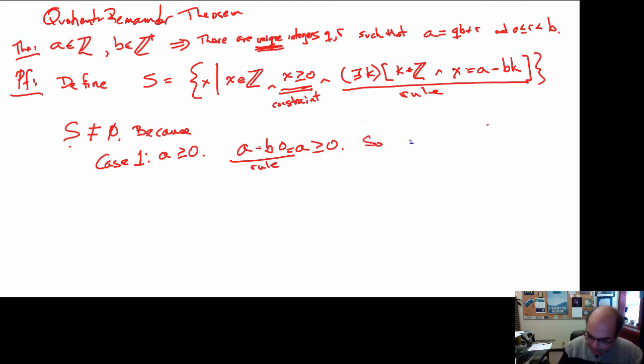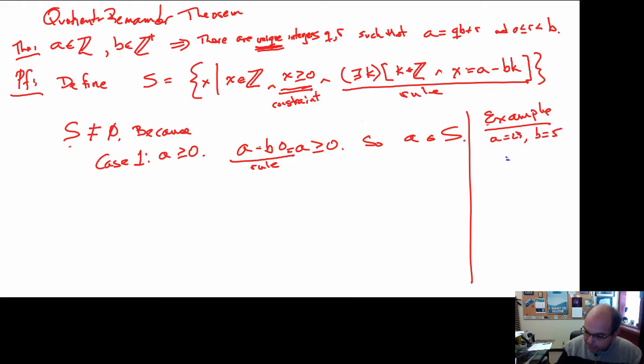So a belongs to the set S, and S is not empty. That's case one. Here's our running example: when a is 23 and b is 5, we're at case one, and 23 belongs to the set S.